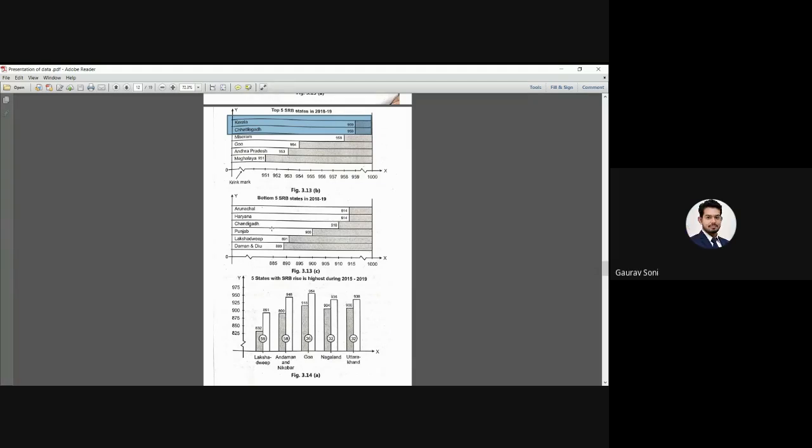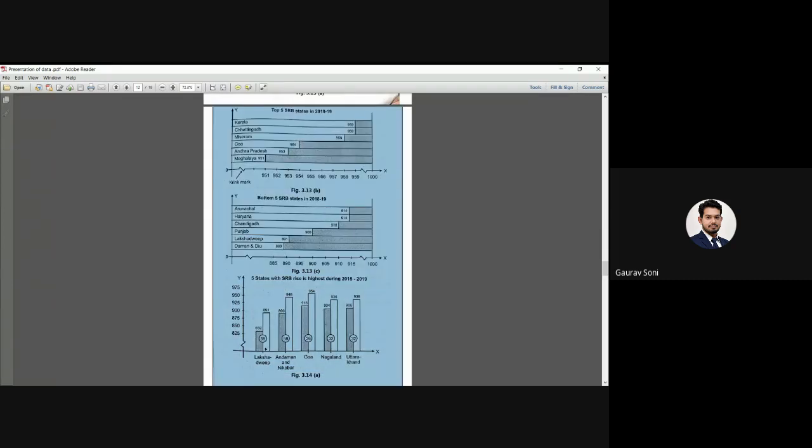In this last chart, what it is showing is 832 and 891, and the deviation is almost 59, the number written in the circle. So deviation is 59. Andaman and Nicobar, the deviation is 58. Then in Goa, it is 36, 32, 32.